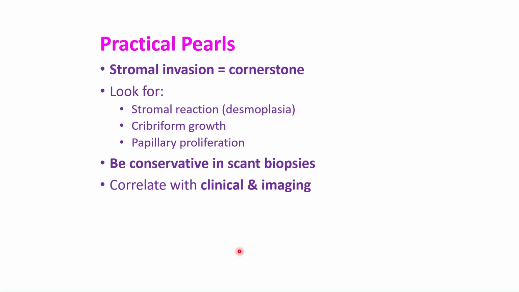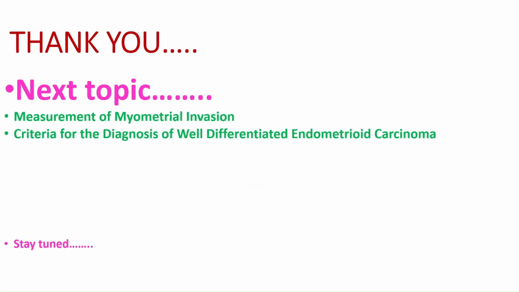Second, look for stromal reaction, meaning desmoplasia, cribriform growth, papillary proliferation, and in a scanty biopsy, be conservative and correlate with clinical and imaging data. Now, in the next topic, we are going to learn how to measure myometrial invasion and the different criteria for diagnosis of well-differentiated endometrial carcinoma.